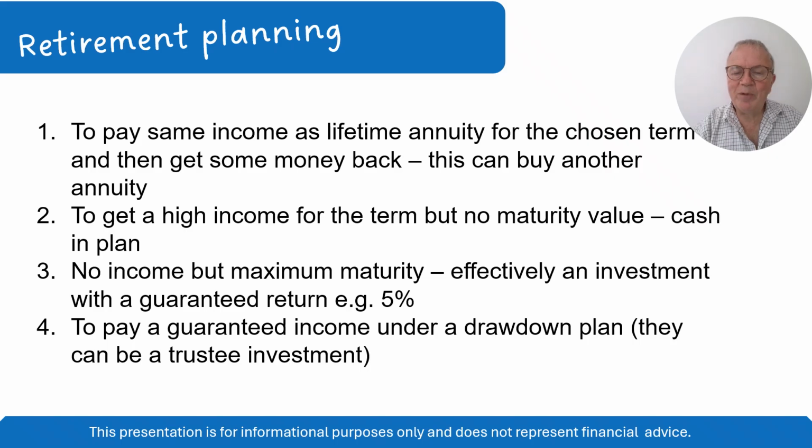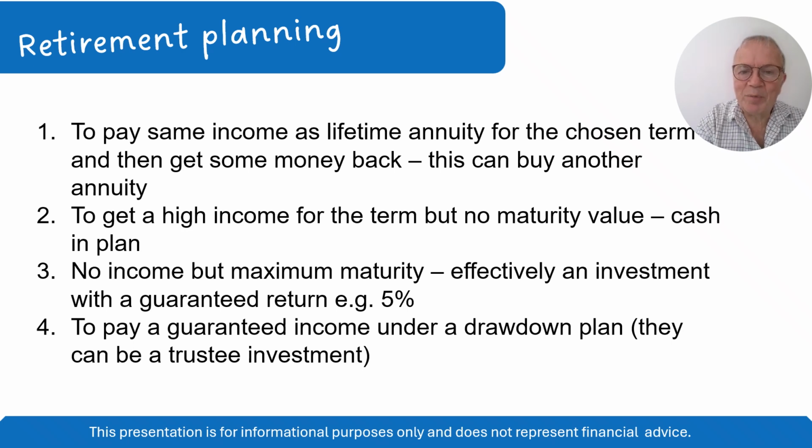The other example would be you've got a substantial drawdown pot and you say, well, I'm going to take a portion of that, I'm going to put it into a cash-in plan. I'm going to take the maximum income from this plan, knowing that I'm going to run out of money, but the rest of my pension pot's invested and hopefully it'll grow in value and make up for the amount of income you've taken out of the fixed plan.